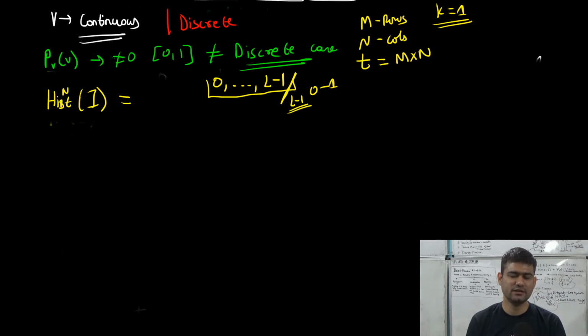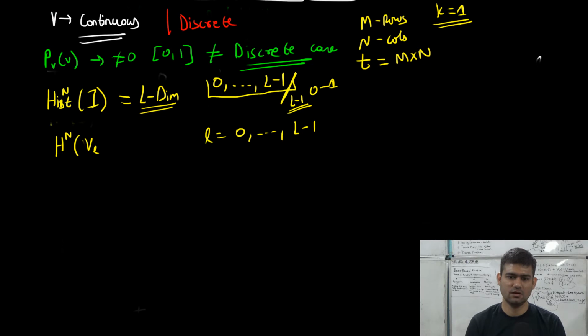The resulting normalized histogram is going to be an L-dimensional vector with each of the entries hn of v_l, where l goes from 0 to L minus 1.